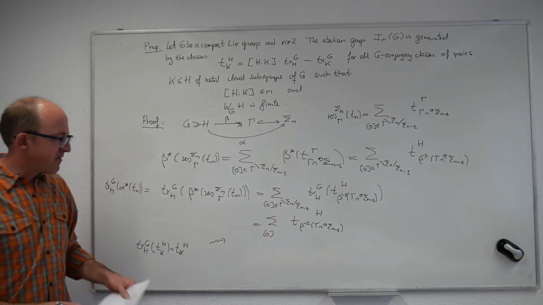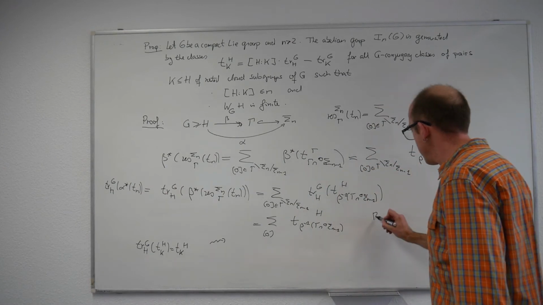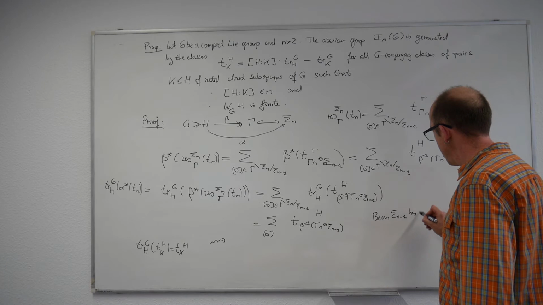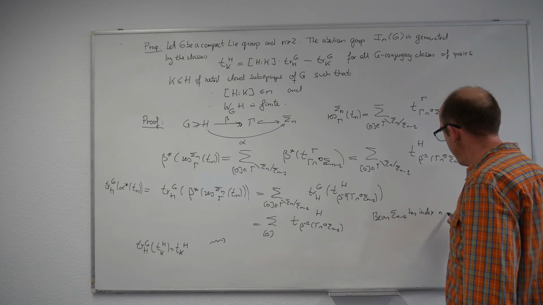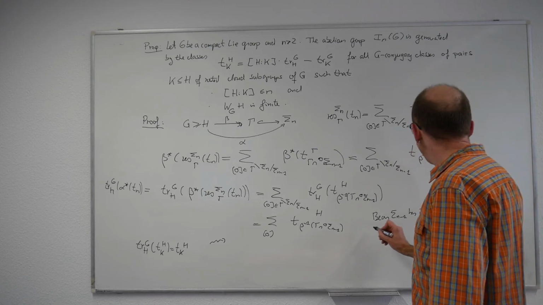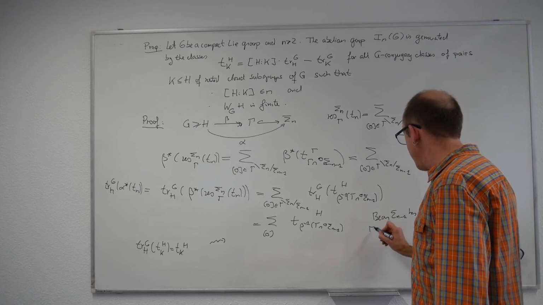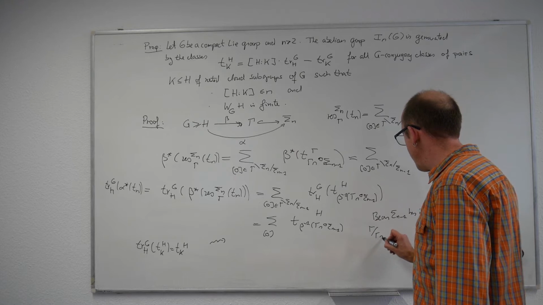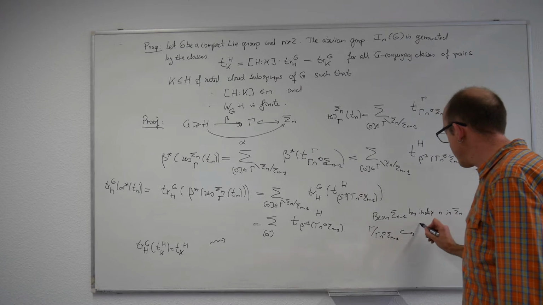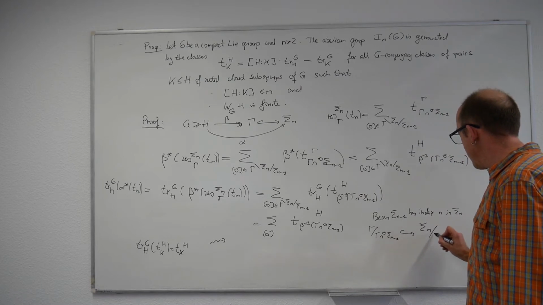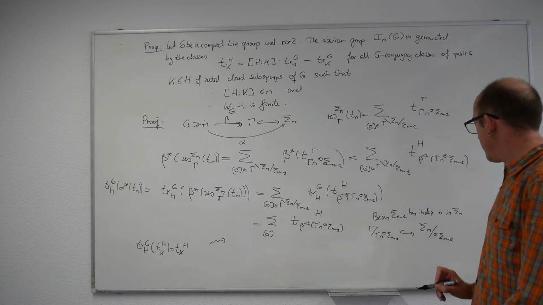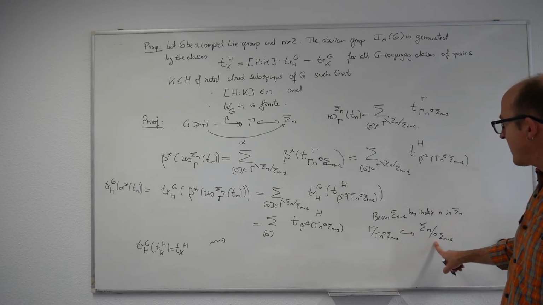And now I observe that sigma n minus 1 has index n in sigma n, and moreover, gamma modulo gamma intersected sigma n minus 1 injects into sigma n modulo sigma n minus 1. This has n elements.